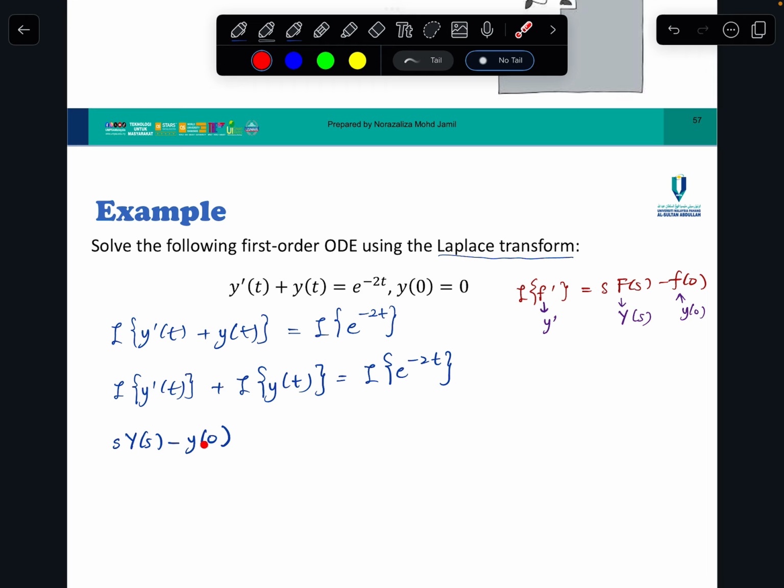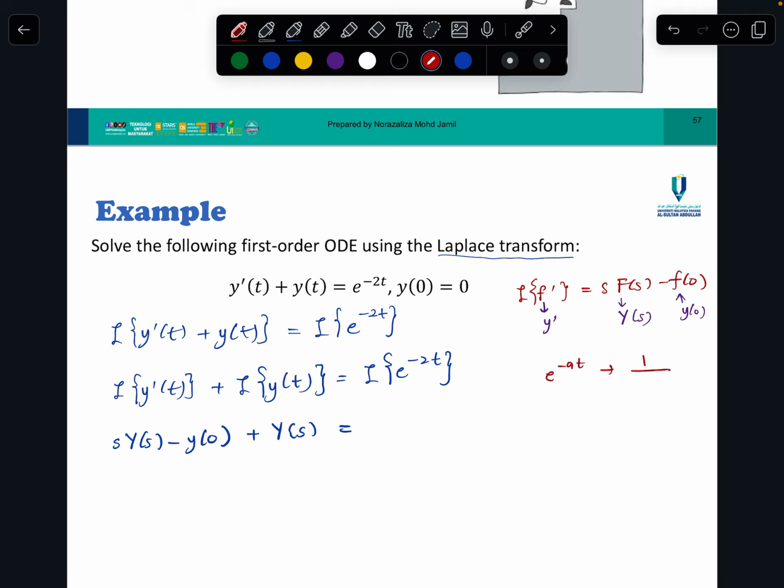You get two terms. Next, the Laplace of y is just capital Y, like this. And the Laplace of e^(-2t) can be found by using the table. Okay, look at the row where we have e^(-at).